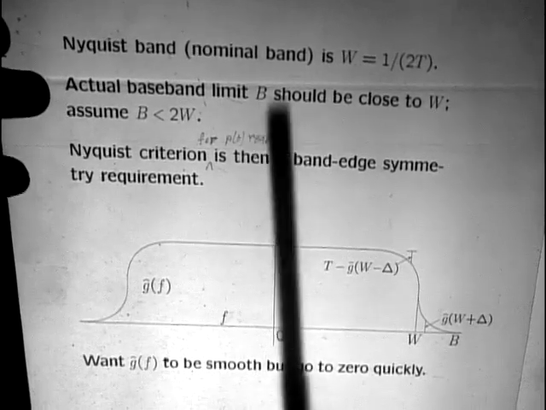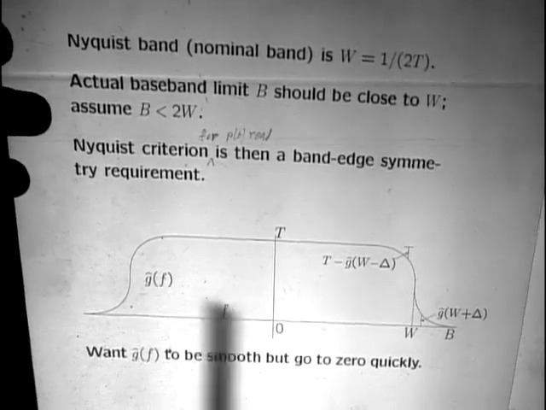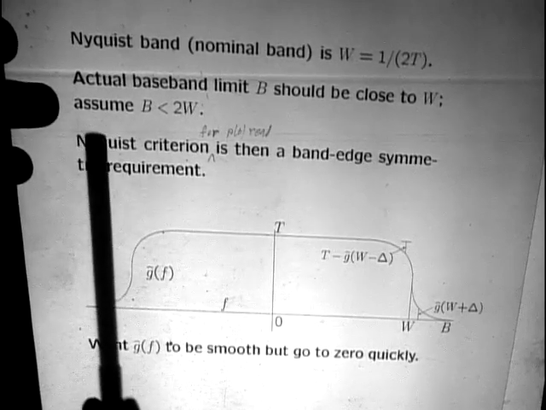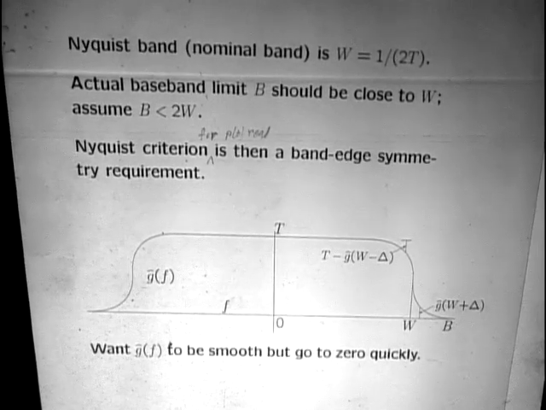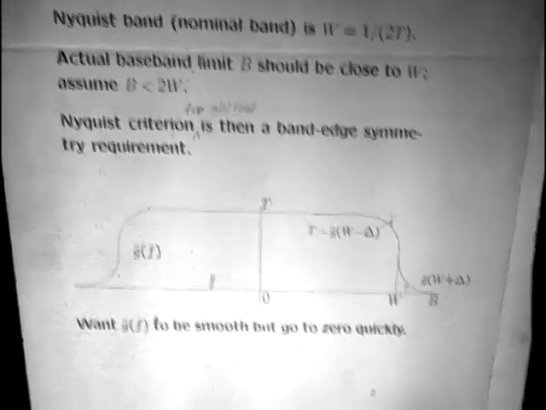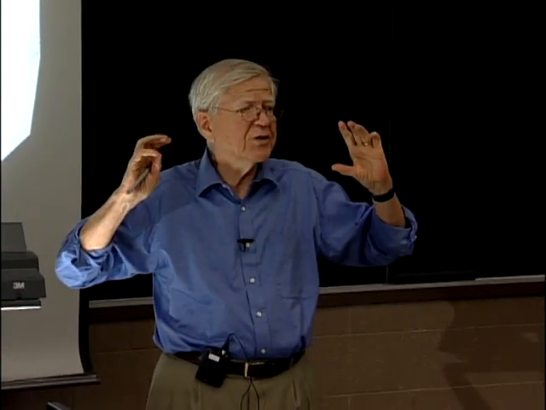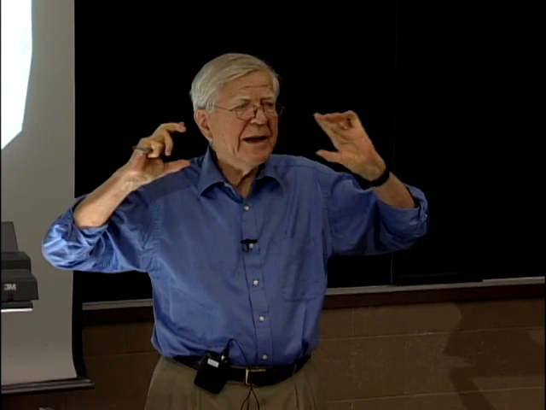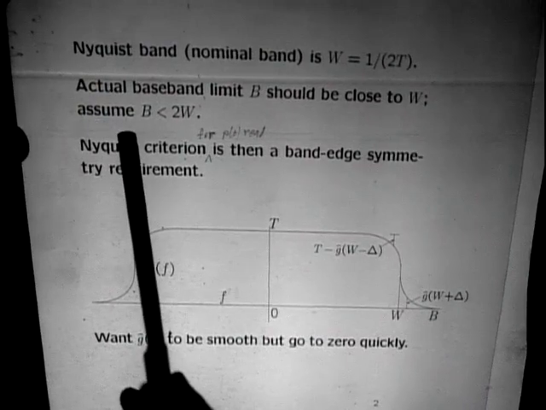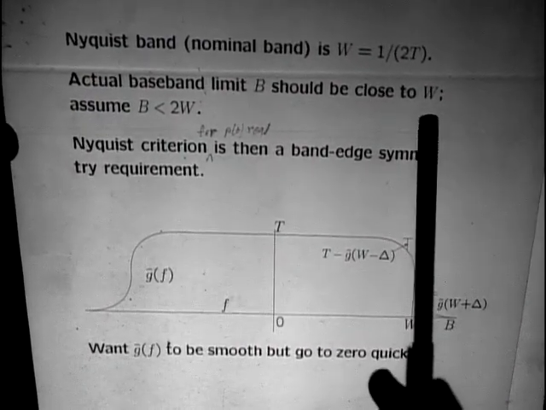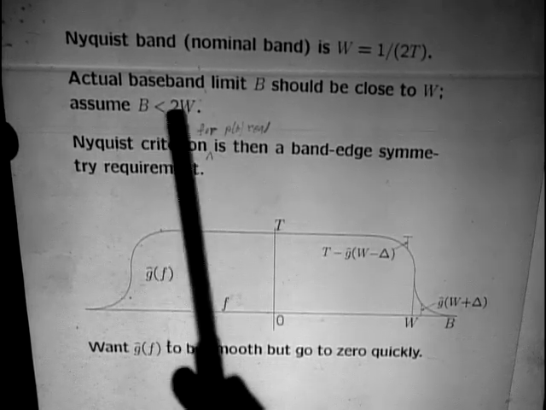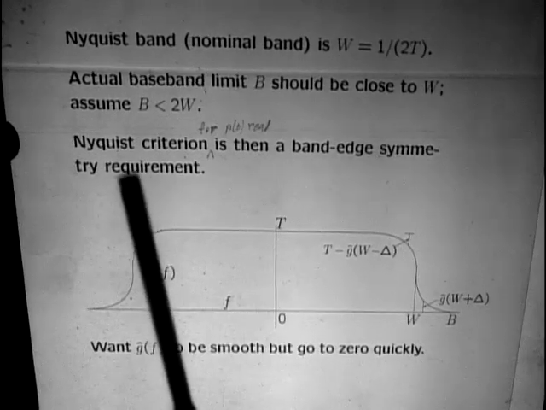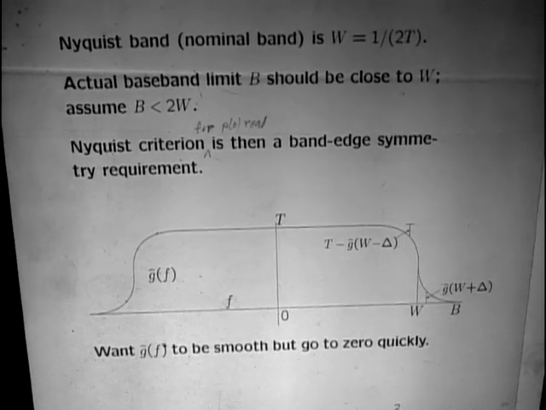The actual baseband limit B should be close to W. In most of the work that people do trying to build filters, since we're stuck with the FCC and all these other things that say you better keep this band limited, what we're going to do is to make the actual bandwidth of the waveform close to the nominal bandwidth. So we're going to assume that it's less than twice the nominal bandwidth. Okay, in other words, you can have a little bit of slop, but you can't have too much.